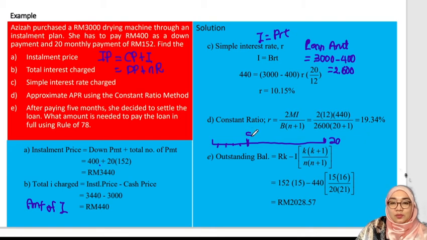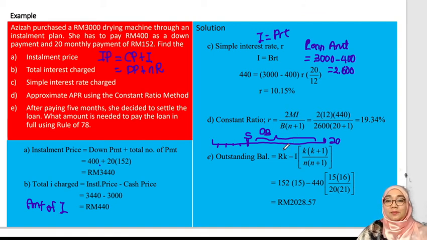Okey, selepas 5 bulan dia nak settlekan the baki hutang ni. So this is the outstanding balance. Outstanding balance ni maksudnya baki hutang yang tinggal lagi. Berapa bulan lagi tinggal baki hutang dia? K equal to 20 tolak 5 is 15. 15 period lagi, 15 bulan lagi.